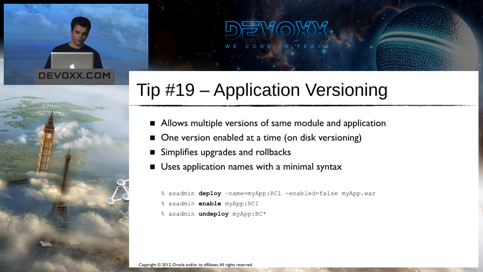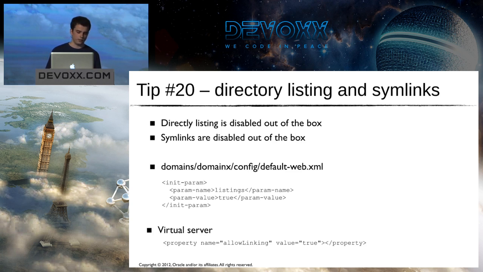On the left part, it's the untagged version, which is basically, if you don't use versioning at all, the name of the application. And then you can qualify any application using this. In that case, it will be RC1. So this is what we call the version identifier. In that case, we did a pre-deployment. The application is not enabled at all, and we can just switch to any version we want using this full name here.